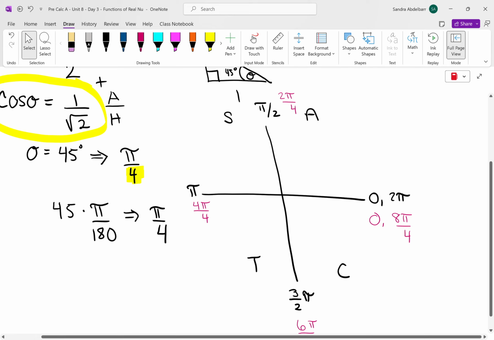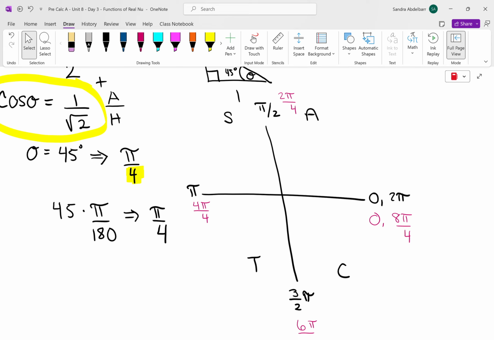Now, if we are working with pi over 4, do we agree that's going to be in quadrant 1? And also, because it's positive, all students take calculus, I also have to be in quadrant 4. So I know I'm going to be in those 2 quadrants. So this is the pi over 4.